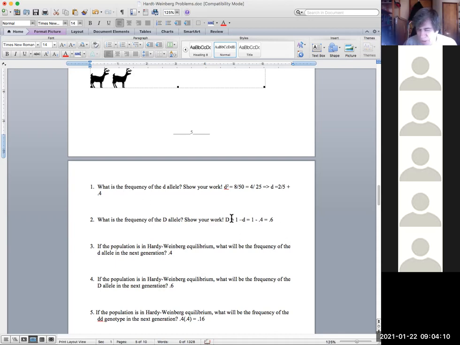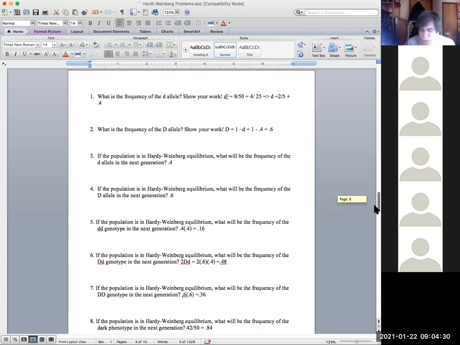And remember, that's why we have to start with the light-colored deer, because we know their genotype. So what about big D? Big D is going to be 1 minus little d, or 1 minus 0.4, so 0.6. Or if you were using fractions, 1 minus 2/5, 3/5. Whichever you'd prefer is fine with me.